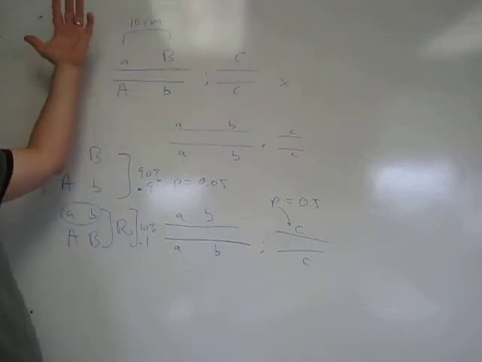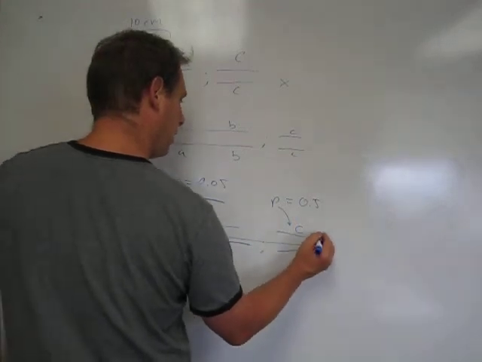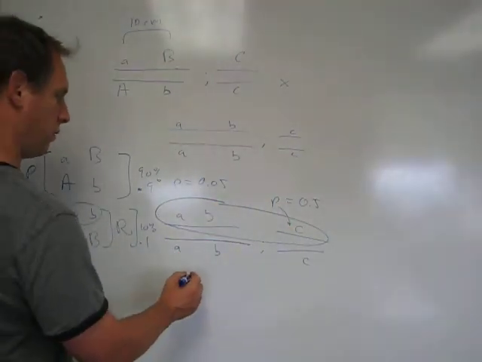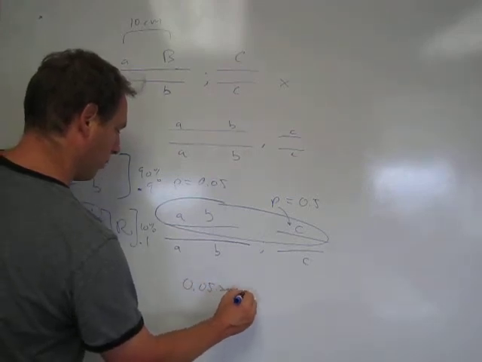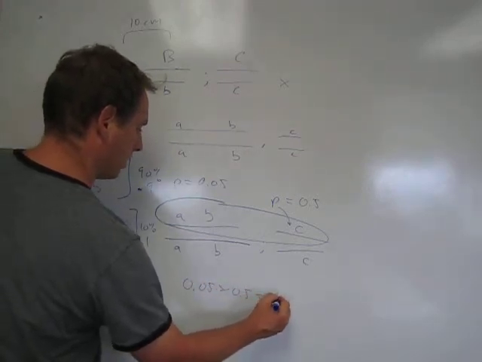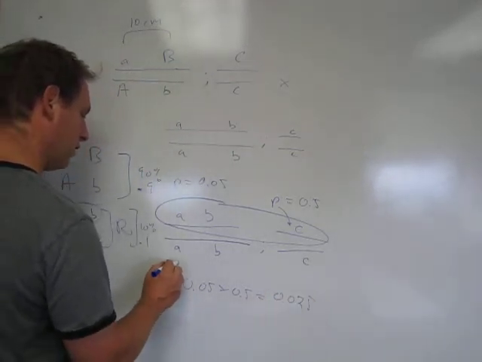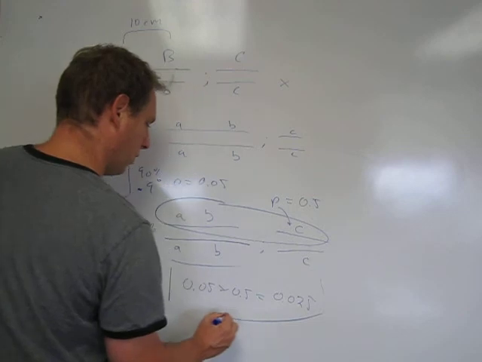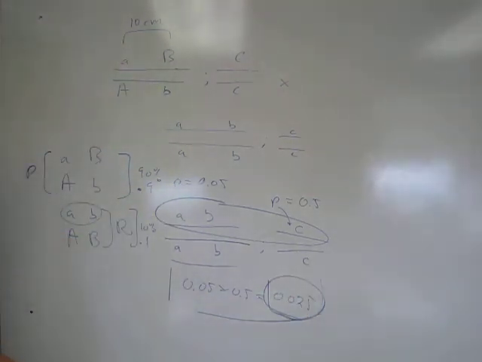So these are independent probabilities. So the probability that you inherit this entire set is half of that. So it's equal to 0.05 times 0.5, which is equal to 0.025. Okay, so 2.5% of your individuals will have this particular genotype in that particular case.